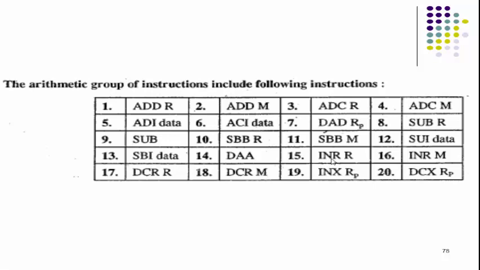INR mnemonic indicates incrementation, that is specified register content plus 1. In this way, INR M means the memory pointed content gets incremented by 1. DCR stands for decrementation, specified register content minus 1. Then DCR M, specified memory location content minus 1.